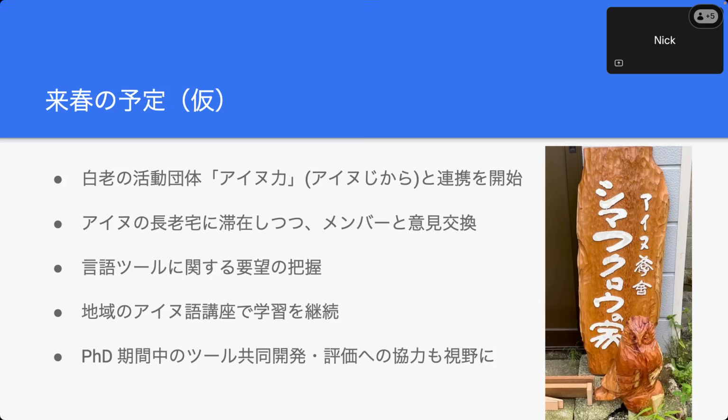After that, in the spring, I am currently discussing visiting Shiraoi and interacting with an Ainu activist group there called Ainu Chikara. If everything works out there, I'll be staying there for a significant amount of the spring, and possibly staying at the house of an Ainu elder.